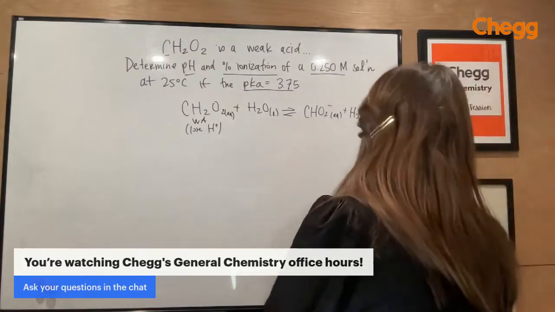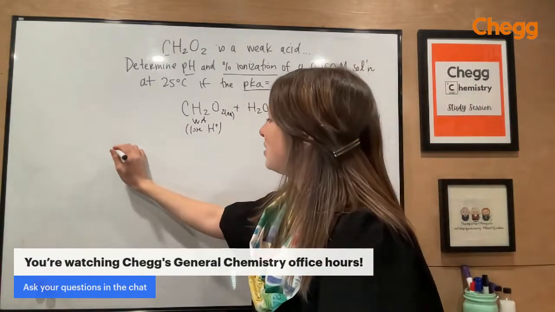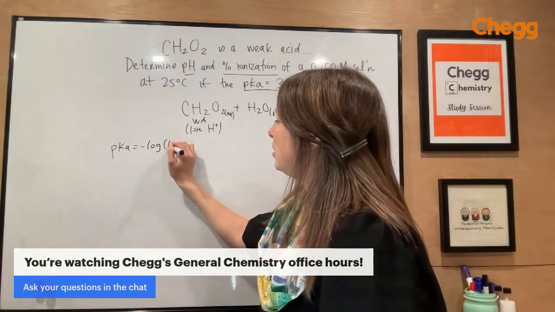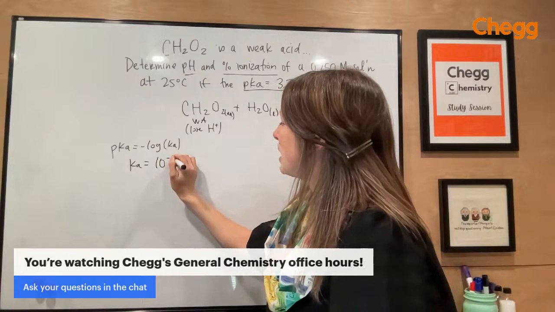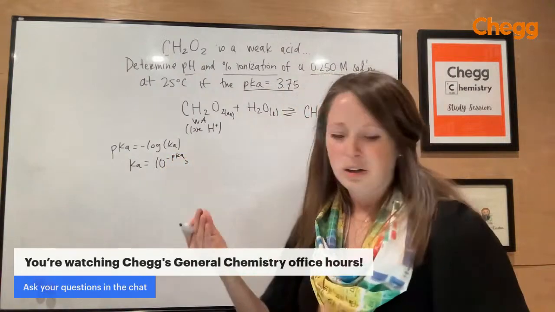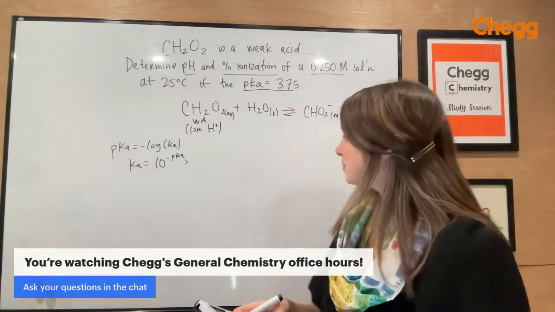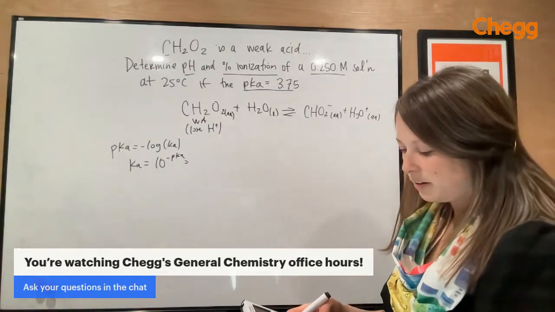All right, so we know that we are given our pKa, so we can find our Ka. Our pKa is the negative log of that Ka value. We can rearrange this. That means that Ka is going to be equal to 10 raised to the negative pKa. What is that going to be? Give me a second. 3.75.